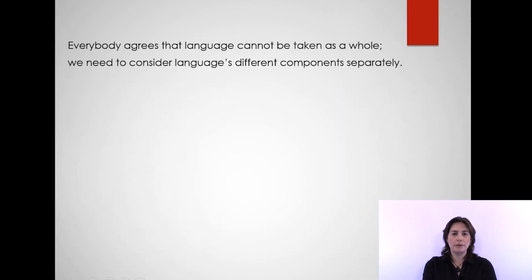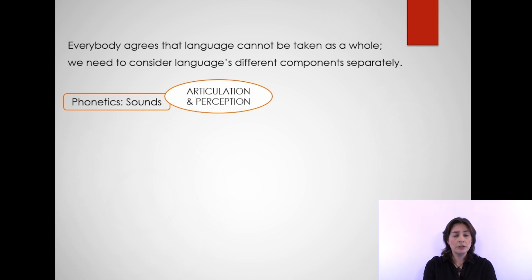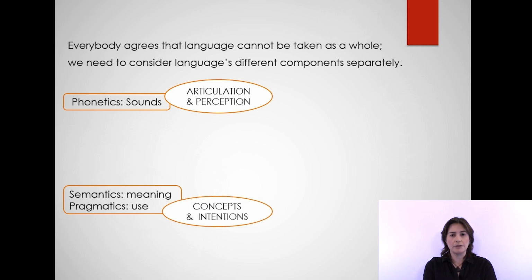There is one idea that I would like to insist on. Language is so complex, and it is such an omnipresent reality in our human lives that we cannot study it as a whole. We really need to consider its different components separately. The basic components of language are sounds, or gestures, remember, which depend on our articulatory and perceptive systems, and meaning, a product of our mind being able to form concepts and intentions.